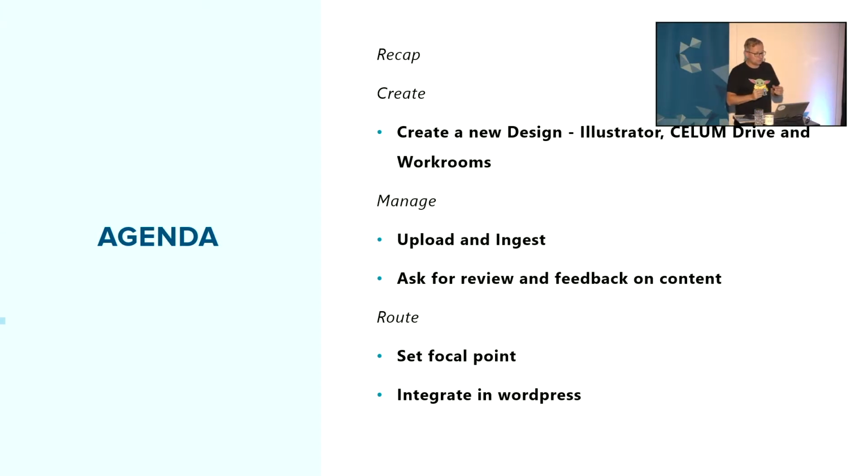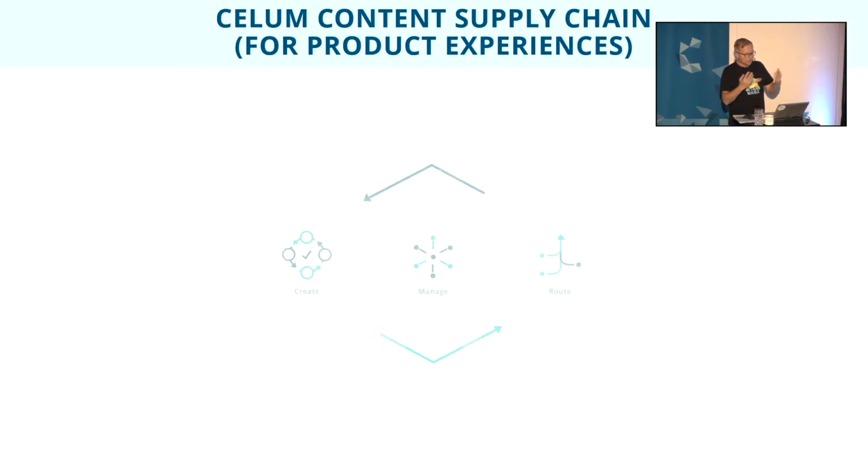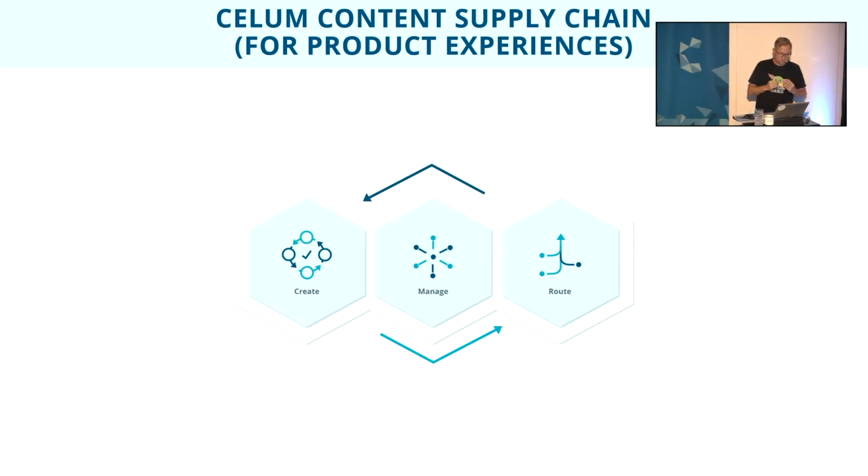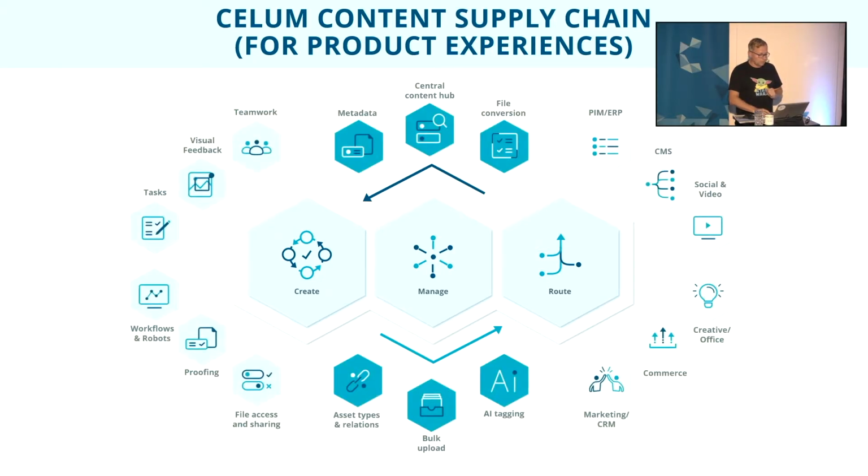But again, it should be really quick and really just picking some steps out of what we call the content supply chain idea, that starts with create, covers manage, and goes into route. All our capabilities, as a little reminder, are oriented around those three main pillars.